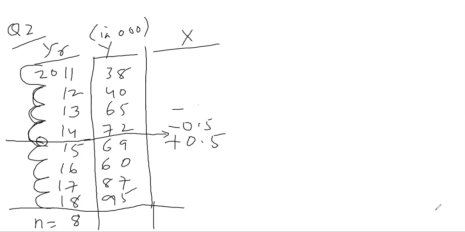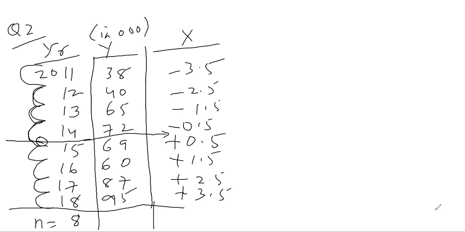So this is your minus 1.5, minus 2.5, minus 3.5, and these are the positive years 1.5, 2.5 and 3.5.